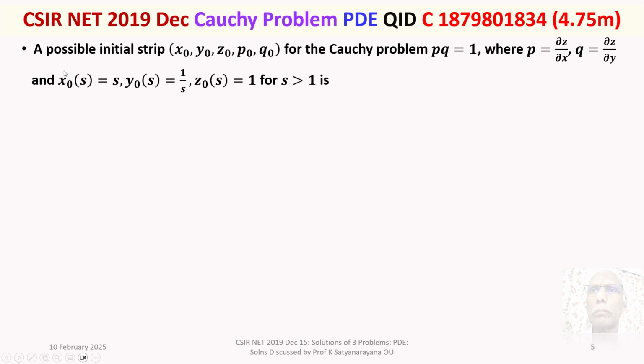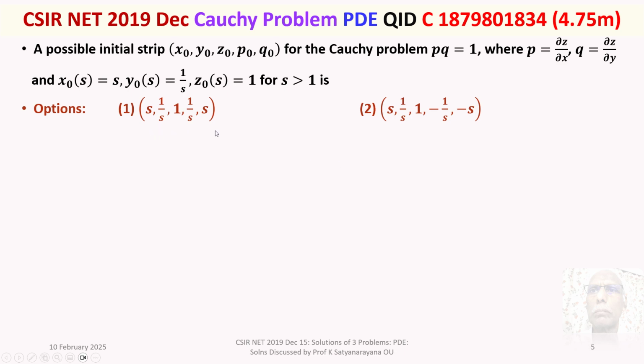The initial data given is x0(s) = s, y0(s) = 1/s, z0(s) = 1 for s greater than 1. We are given 4 options.